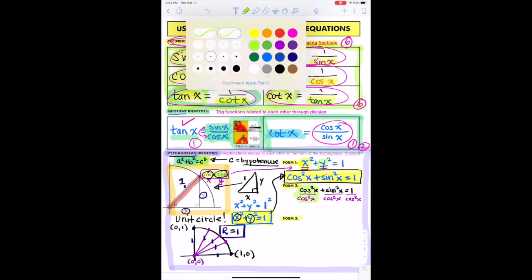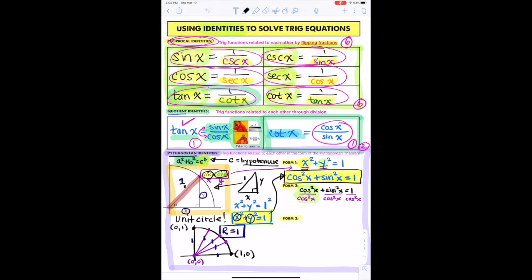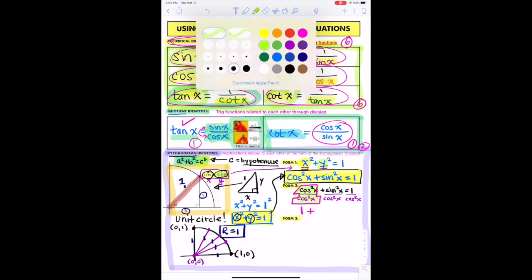Hopefully you're thinking, except for 0, whenever I divide something by itself, I'm really just making a big number 1. That ends up being 1.